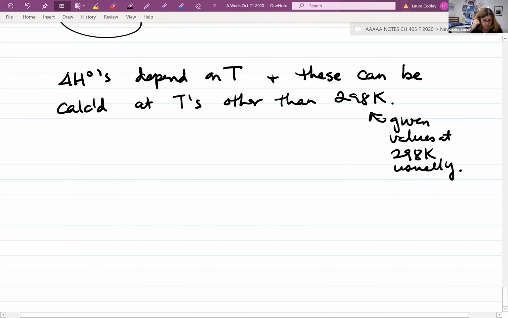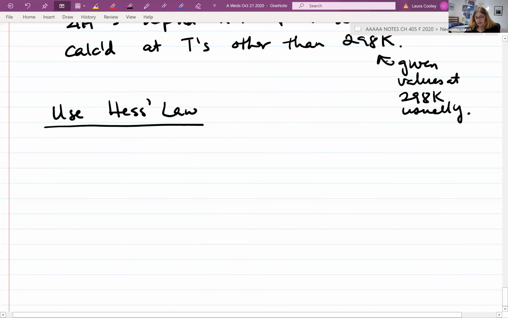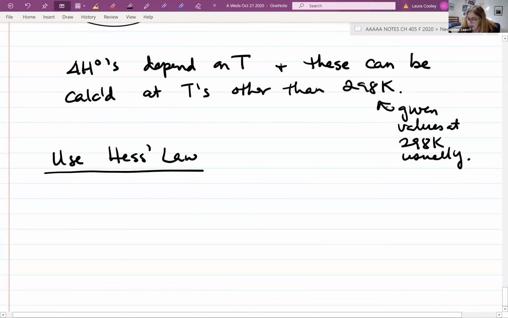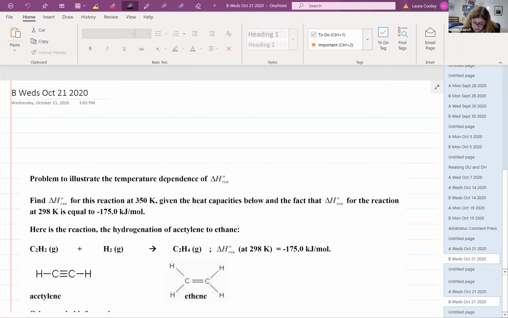Okay, so what I'm going to do is use Hess's law, and I'm going to use a stepwise process to do this. So I believe I emailed you this piece of paper. It looks kind of like this.